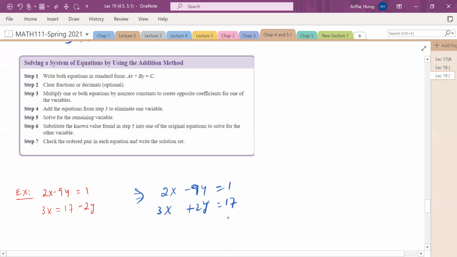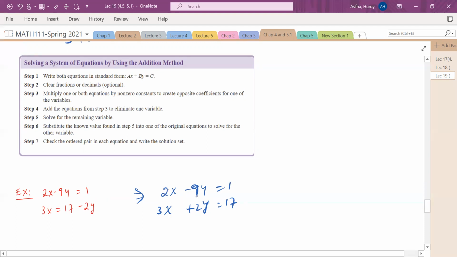Now, if we add these two, well, we have 5 and we have -7. We don't get rid of any of the variables. So what we try to do is we multiply either both of them or one of the equations by a constant, so that one of the variables, you pick one of them, either this one or this one.